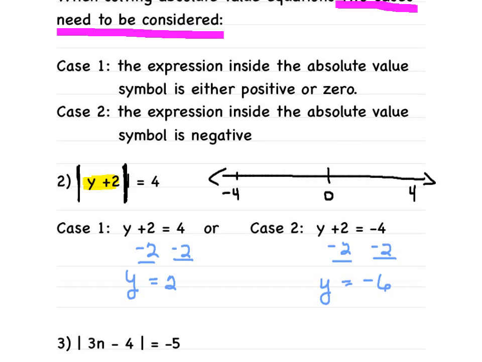So we have 2 possible solutions. In this case, y can equal, and we will always put them in set notation and order them from least to greatest, negative 6 or 2. Those are the 2 possible solutions for y.